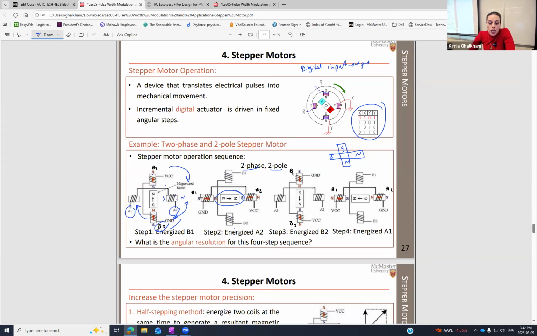So this is going to energize in the first step. If I energize B1, what do I mean with energizing? It's a motor. Energizing means VCC, or the power source, is connected to one of those magnets. This is a permanent magnet. So for example, if I connect the power source to B1, it means initially B1 is energized.